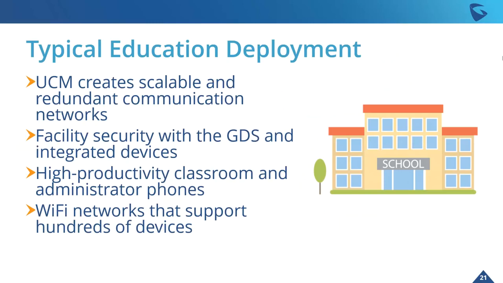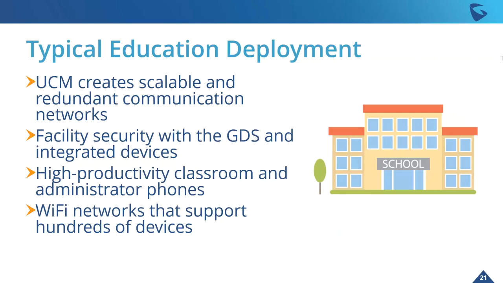All right, so the next vertical to take a look at is education. So a typical education deployment, we really look at the UCM here, creating a scalable and redundant communications network, making sure that in the event of any type of situation, communication stays up. Facility security is becoming a more and more important facet of this type of solution, and the GDS series is perfect for this.